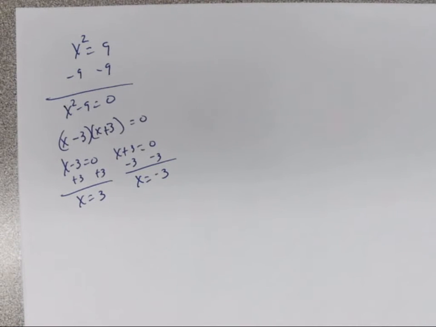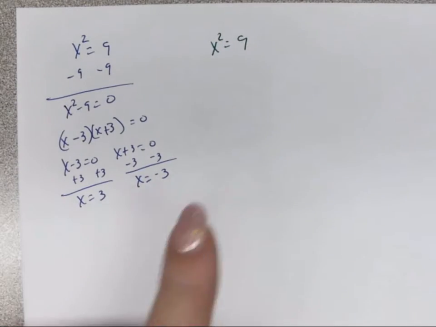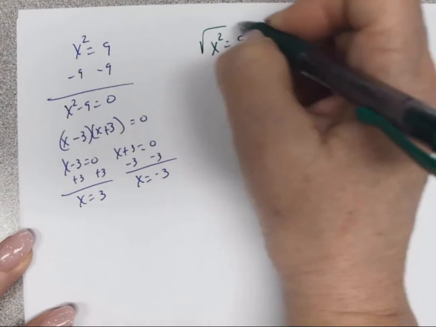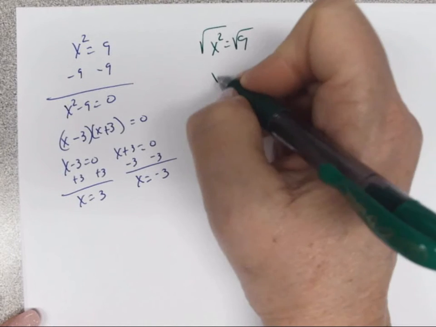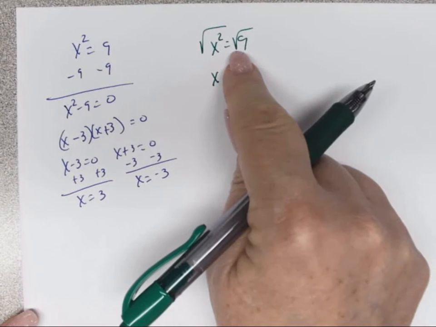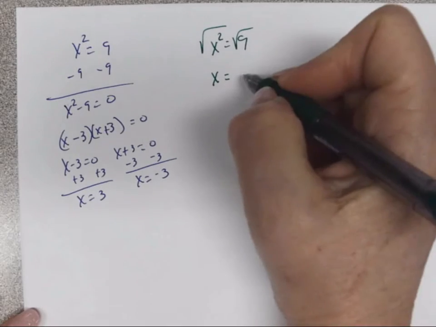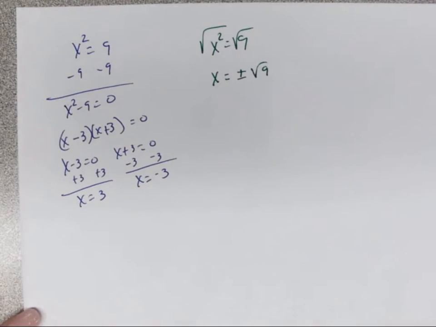Now the new way that we can solve this problem using the square root property is, I have something squared equal to a number. I can take the square root of both sides. Well, the square root of x squared will be x. What I have to do is, when I introduce the radical into the problem where it wasn't already there, I have to do the plus or minus, and I get the square root of 9.